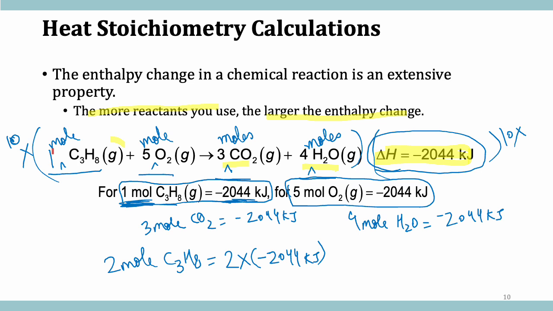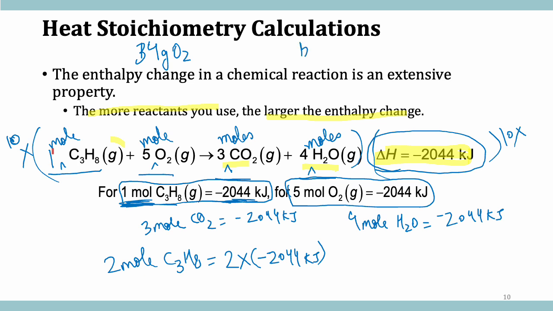Okay, that is heat with stoichiometry. You can relate any moles with any amount of heat. I can relate it with moles, which means I can also relate it with grams. For example, if I say 5 moles of oxygen releases this much heat, how much heat would be released by, let's say, 34 grams of oxygen? Okay, so 34 grams, what is my relationship?